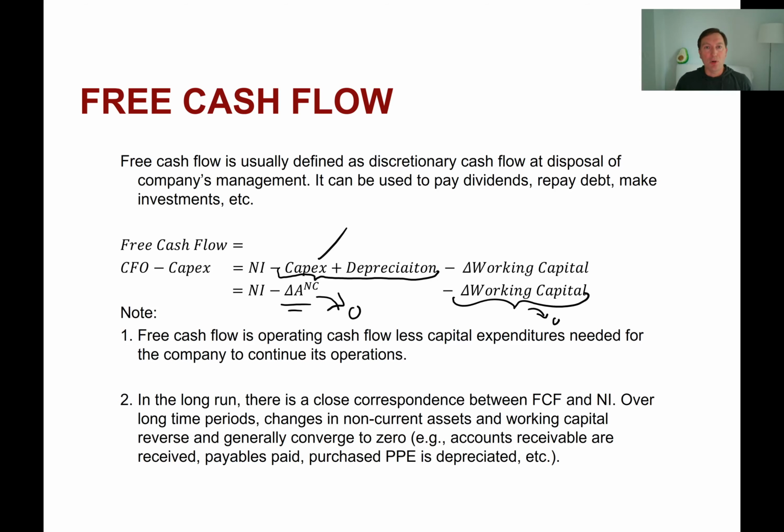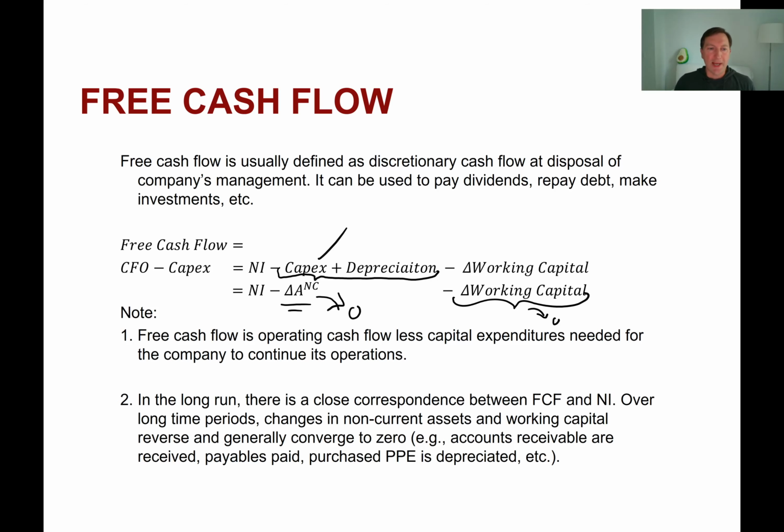Working capital accruals reverse over a short period of time. Non-current accruals, like property, plant, and equipment, reverse over the life of the equipment. When we buy equipment, property, plant, and equipment goes up, but then over 20 years it goes down to zero through depreciation. So over 20 years, if we aggregate all changes in non-current asset accounts, they will converge to zero, or something close to that, over the life of the firm at least.